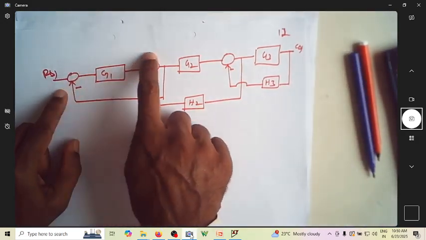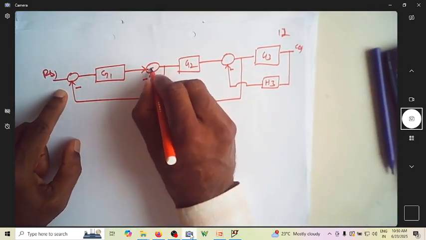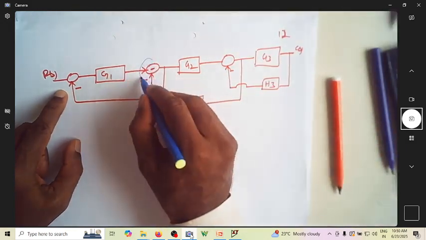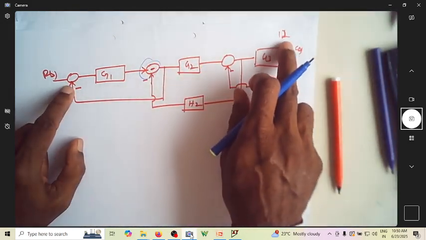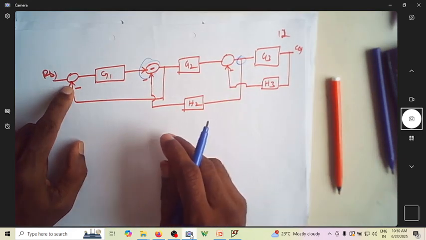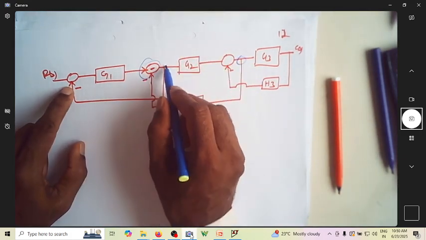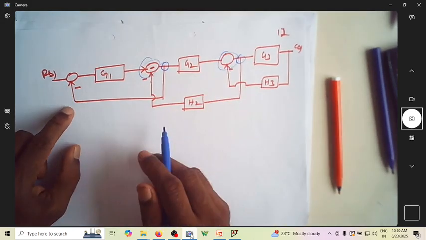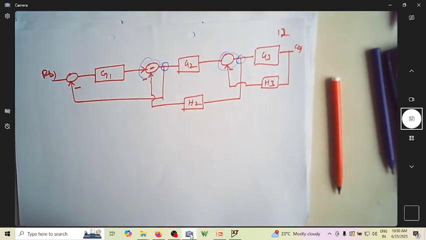For reducing each feedback, there is a hurdle. So you have so many hurdles.